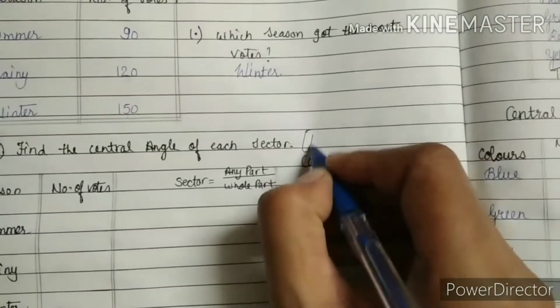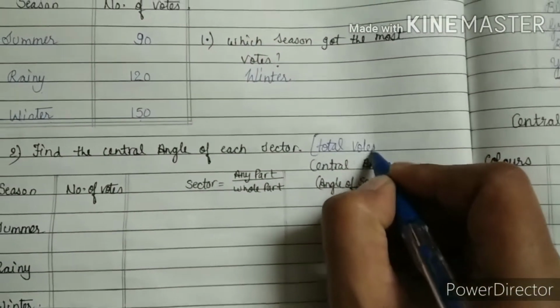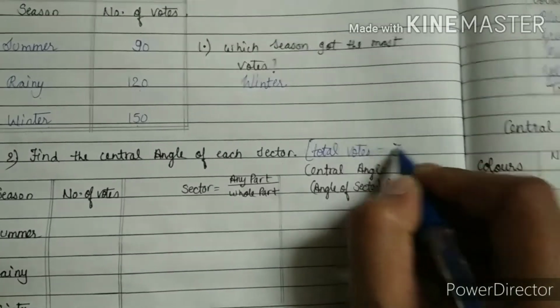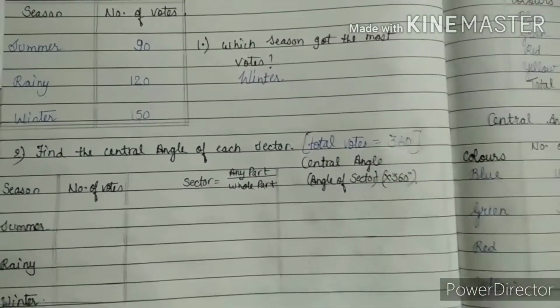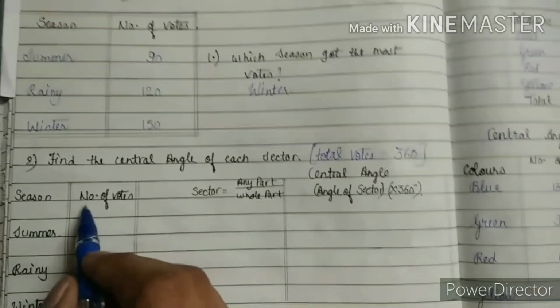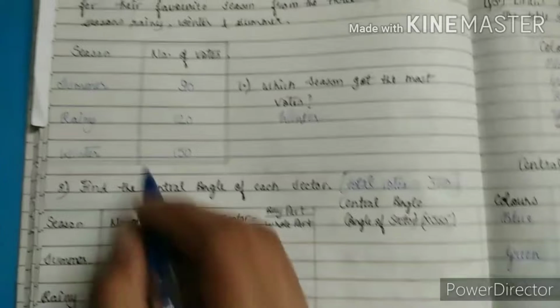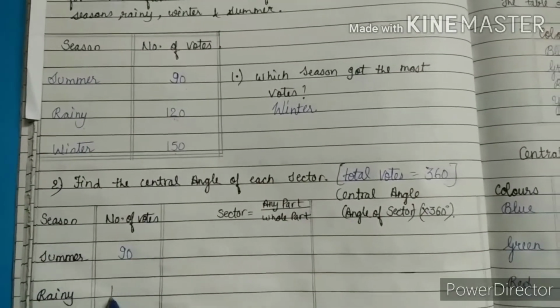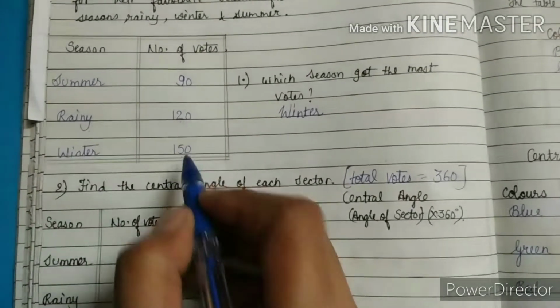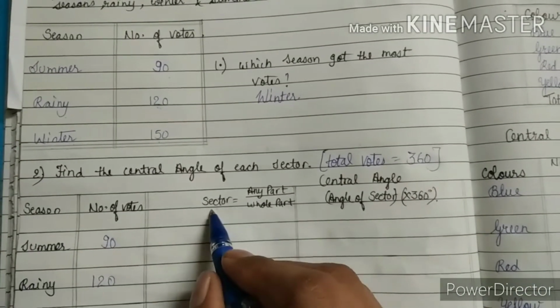Already we know the total votes is 360, because 360 persons participated to vote. Now the number of votes for summer is 90, for rainy is 120 and for winter is 150. How to find the sector?